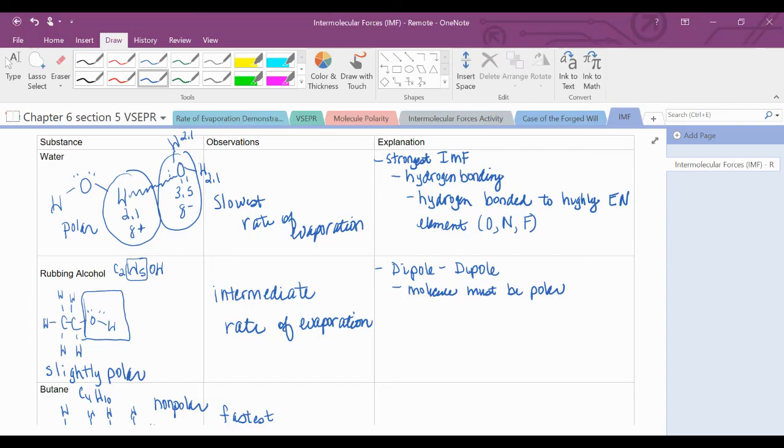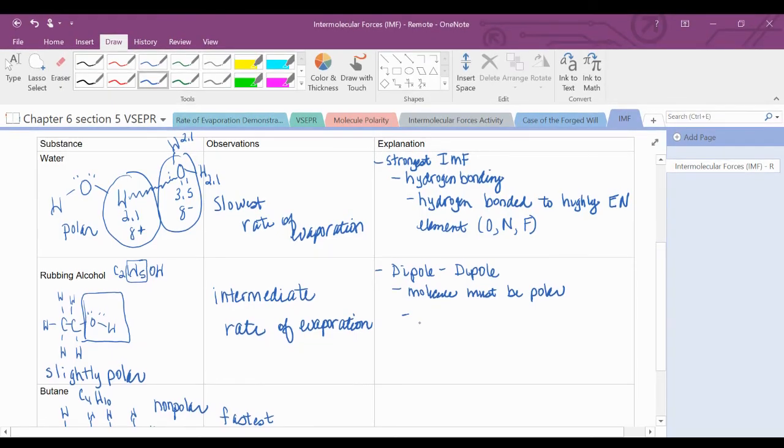All right. The relationship here, because we know polarity can vary depending on how electronegative the elements are, is that what we typically see is the more polar the molecule, the stronger the bonds.